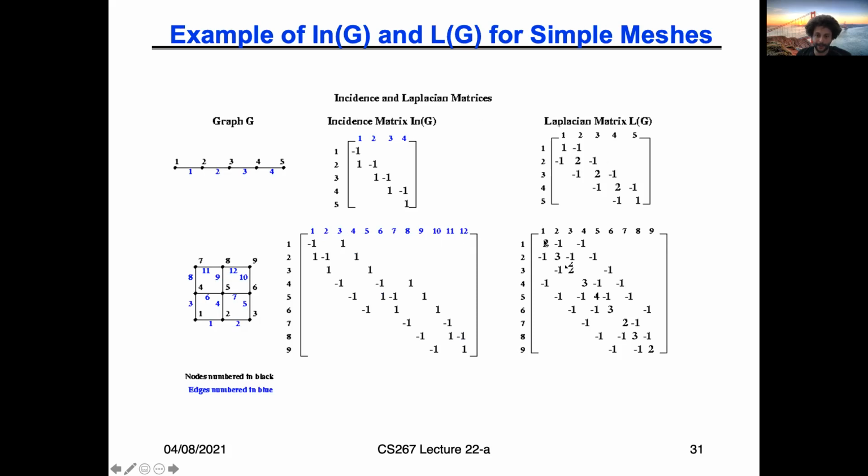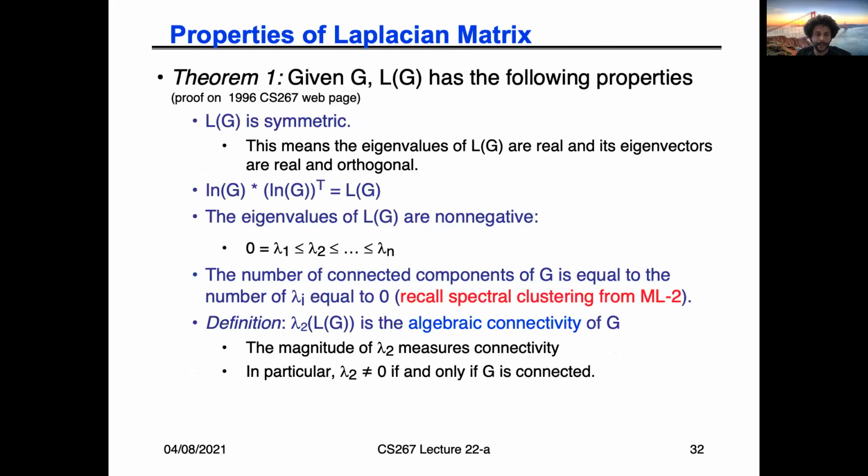So here's one example of the Laplacian for a regular 2D mesh. As you can see, whenever there's an edge, there's a -1, and all the diagonals are the degrees of the particular vertices. The only thing I want to emphasize here is that this is mostly based on the eigenvector associated with the second eigenvalue.